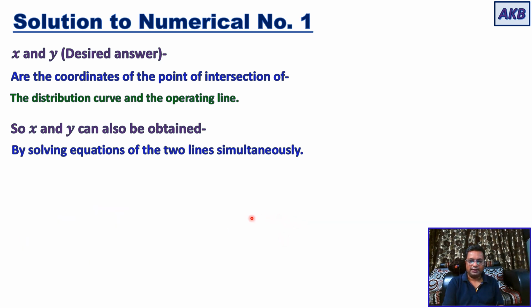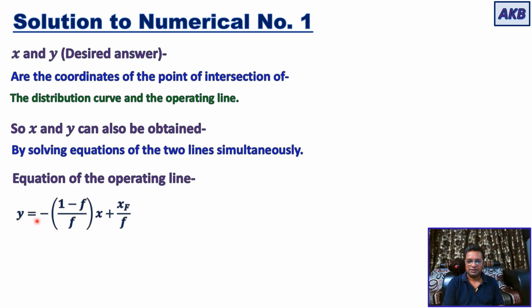Then you have the equation of the operating line. The operating line equation is y equal to minus (1 minus f) divided by f into x plus xf divided by f. I have derived this equation in my previous video, please watch it. f is known to us, it is 0.6, and xf is also known, it is 0.5.